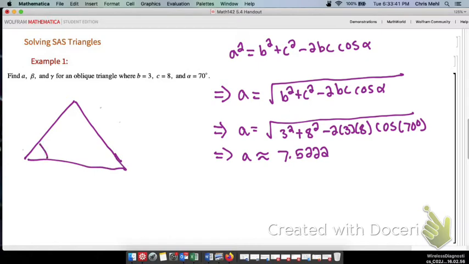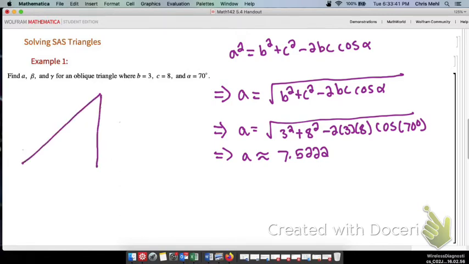There we go. So alpha was 70 degrees. There's beta. I think I'm still off right here. This is really bad. Here we go. Let's make that side long. There we go. I like that better. It makes a lot more sense to me.